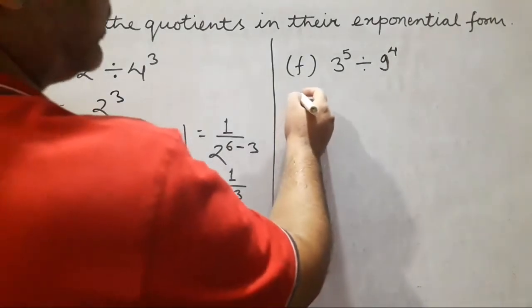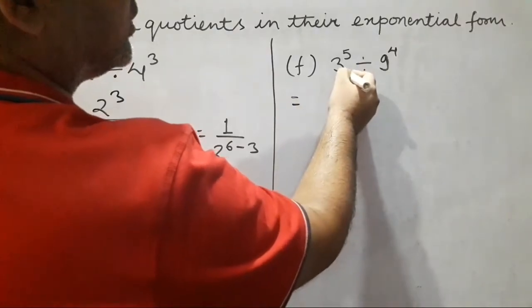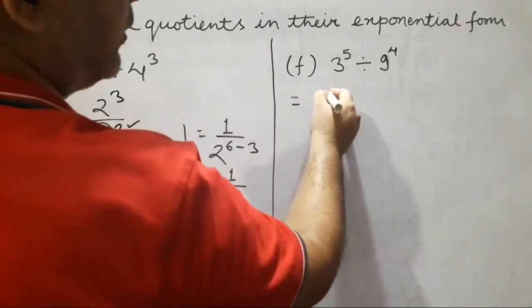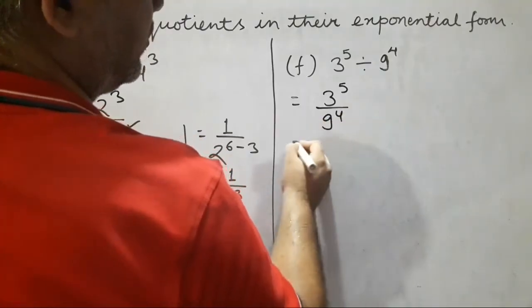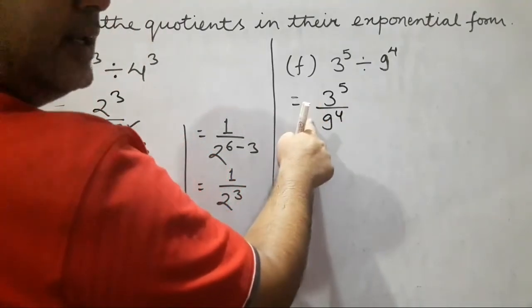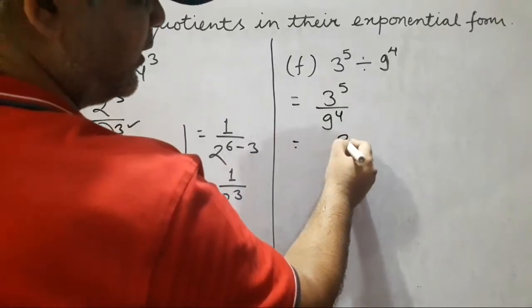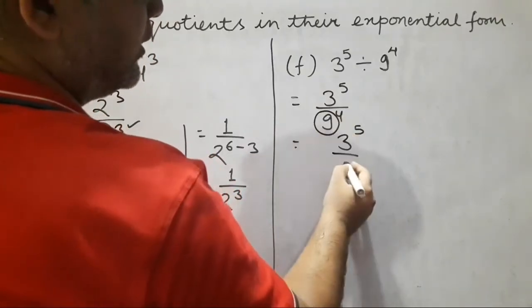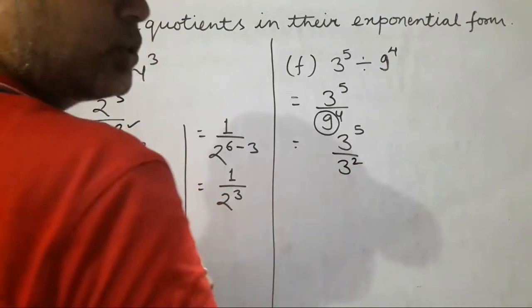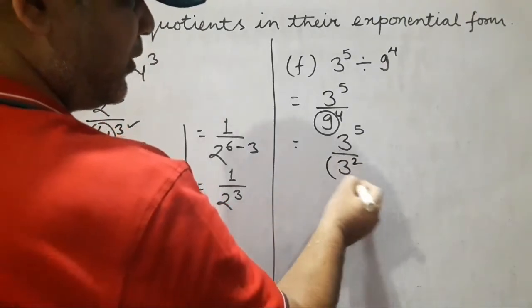Now let's see this question. This question is also similar to this question. 3 power 5 by 9 power 4. Different bases. Let's make them into same bases. 3 power 5 by 9 can be written as 3 power 2, that is 3 square is equal to 9. Bracket.